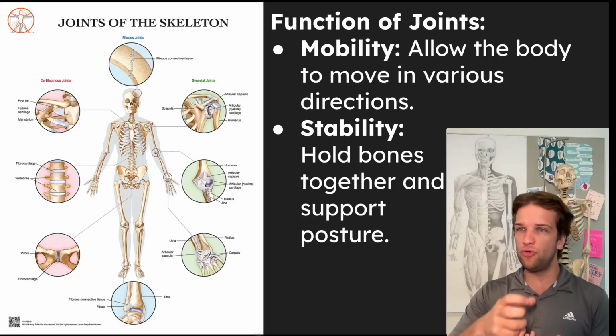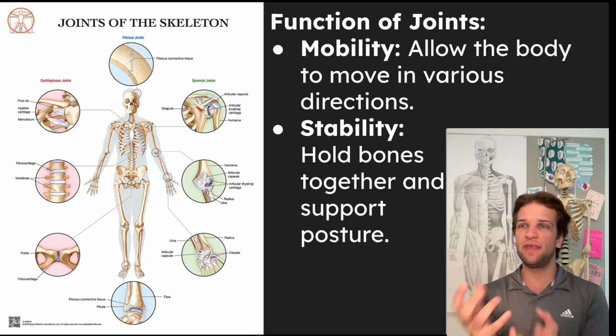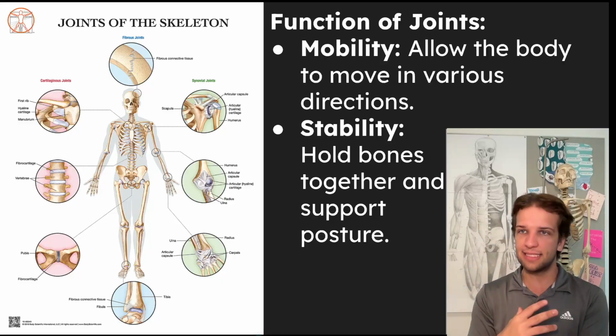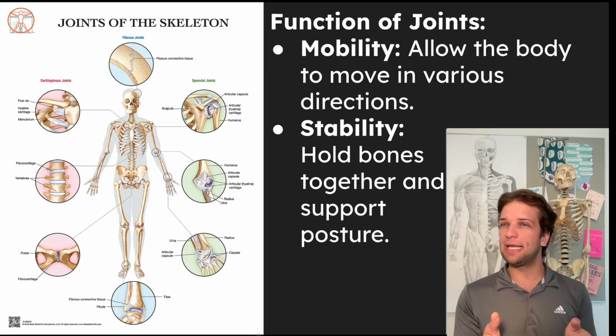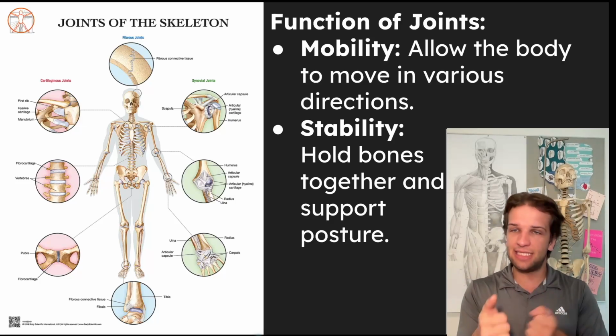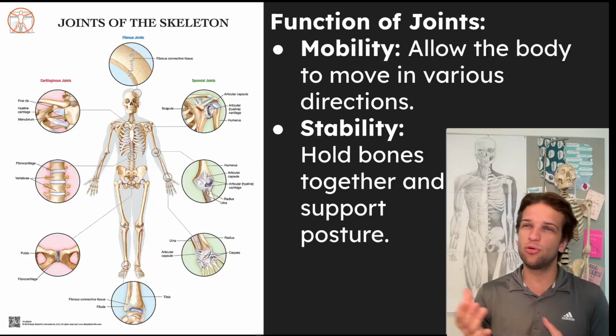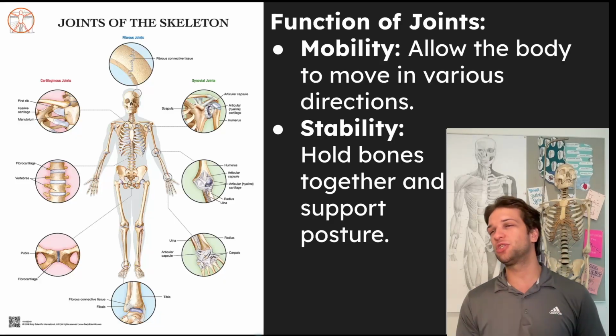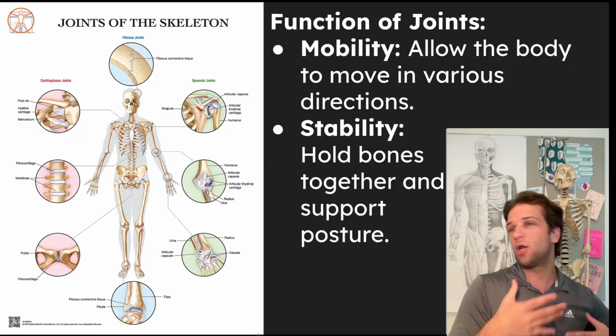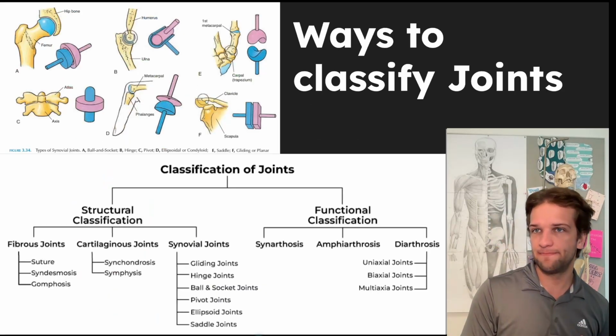It needs to be able to move. It needs to be able to have things move across against it. And we also have ligaments, tendons that are locking it in place so that it keeps it together so that there is stability. And so all joints need to have kind of both of these involved. Some have much, much less mobility, but all of them at least need some level of stability.